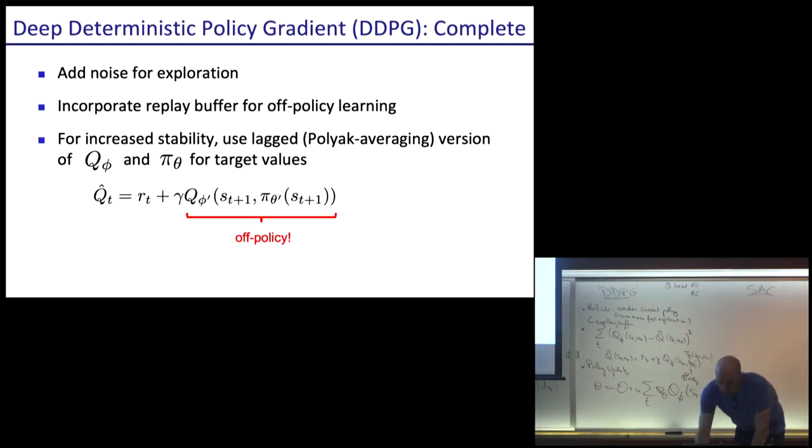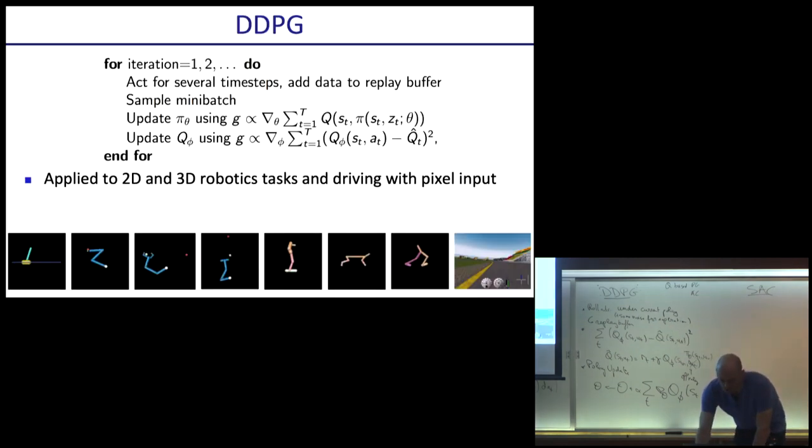Now, when you start making it off policy, it becomes even more efficient. So DDPG puts the off policy update into the target value for the Q function. Here's the full approach that we wrote on the board, and it's more sample efficient than the SVG approaches because it reuses the data in an off policy way.